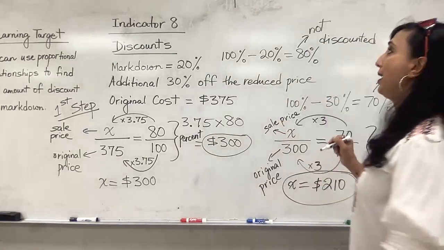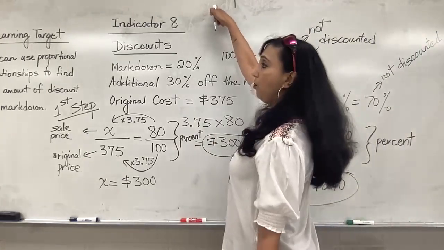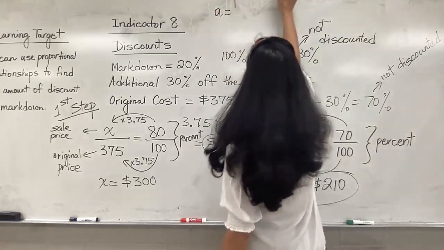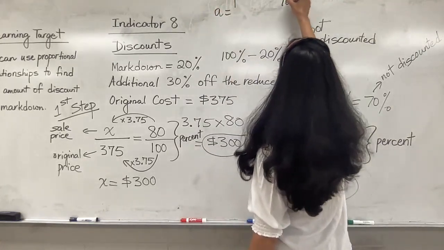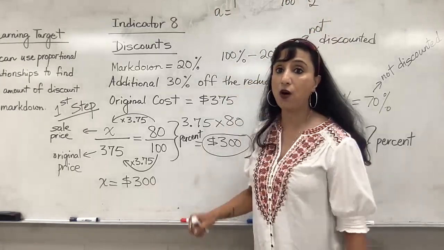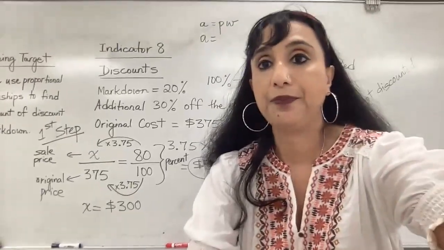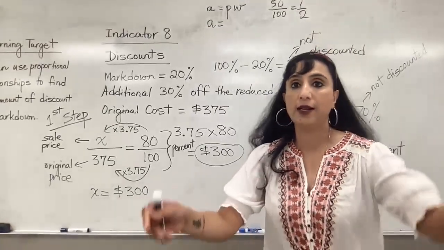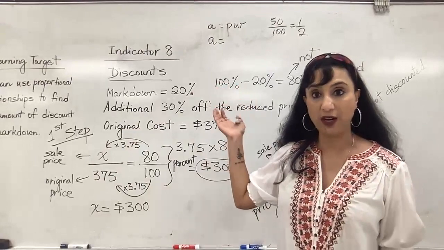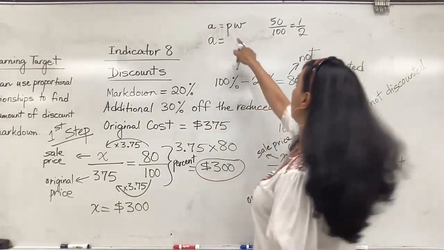375. So I'm just going to use the A is equal to PW formula right now. Okay, and my A is what we're trying to find, which is the part, right? And 50% means what? 50 over 100, which is 1/2 in the simplest form, right? There we go. All right. So 50% is nothing but 1/2 because 50 over 100, right? So I'm just going to write for percent.